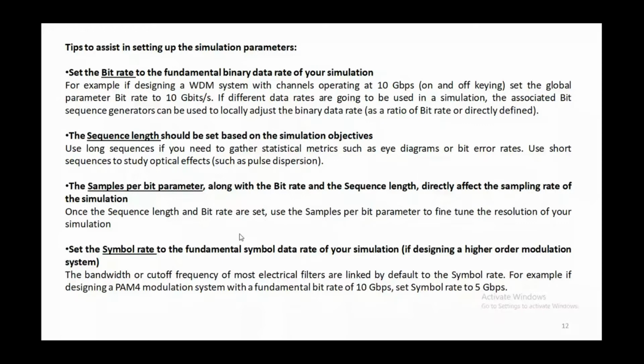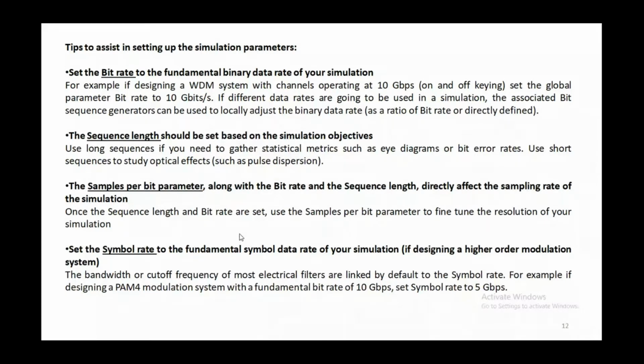Then set the symbol rate to the fundamental symbol rate of your simulation if designing a higher order modulation system. The bandwidth or cutoff frequency of most electrical filters is linked by default to the symbol rate.